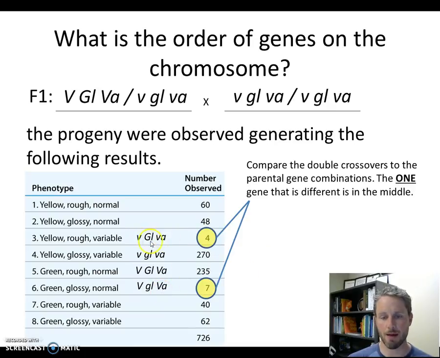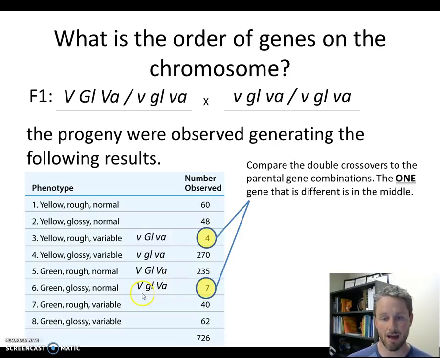And so now I'm going to compare this genotype that I got in the double recombinant to the parental. See, these two are mostly the same. They've both got little v, they've both got little va. But instead of lowercase gl, we've got the dominant uppercase GL allele. That tells us that the GL, the rough versus glossy leaf texture gene, is in the middle.